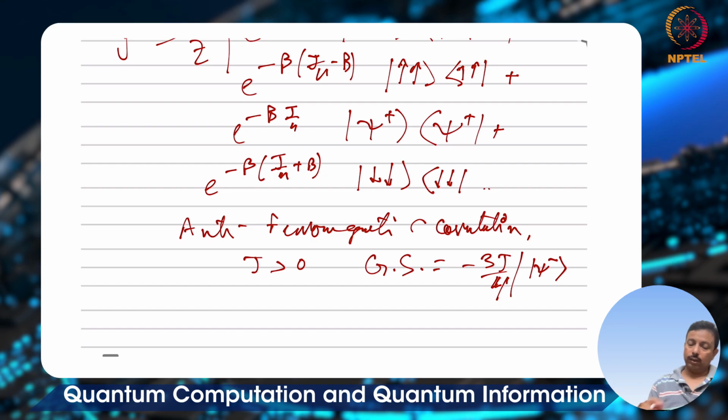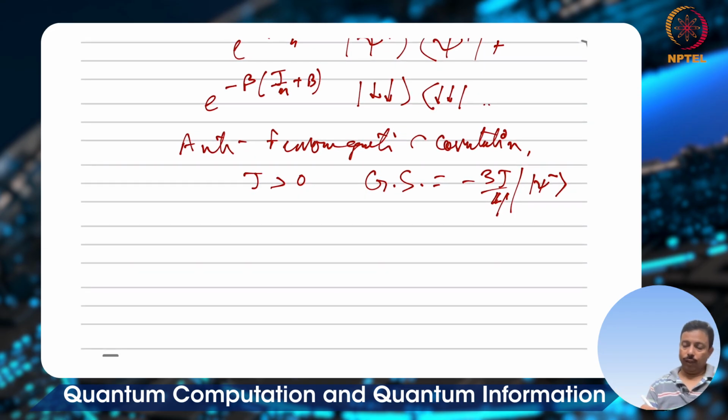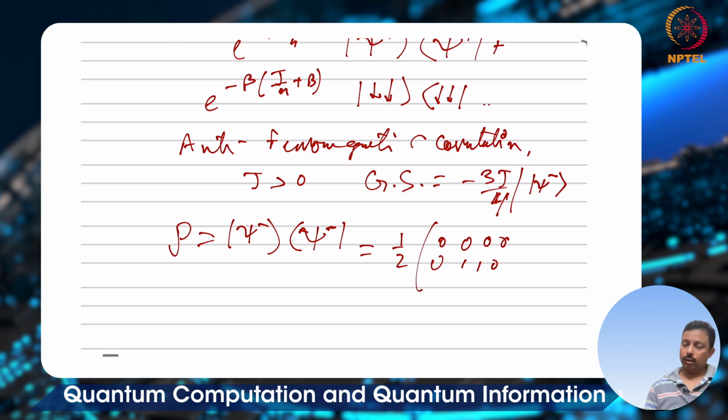Okay, and therefore if we construct the density matrix using psi minus, this is simply what we did when we calculated von Neumann entropy, and this comes out to be 1 by 2 times the matrix 0 0 0 0, 0 1 1 0, 0 1 1 0, 0 0 0 0.